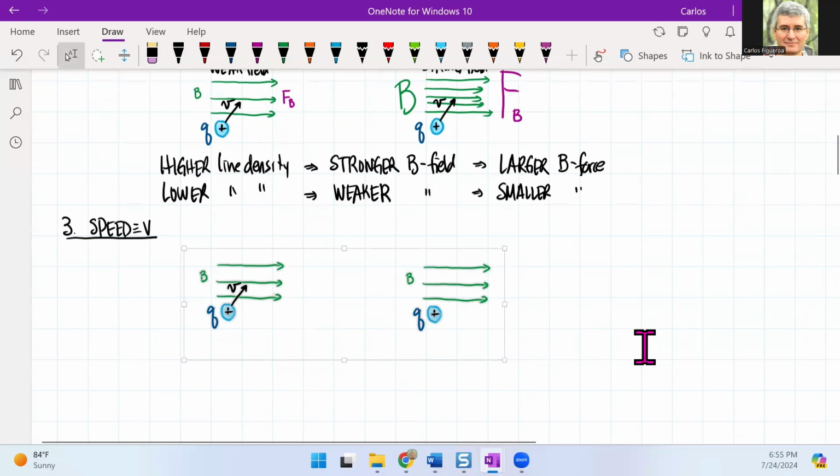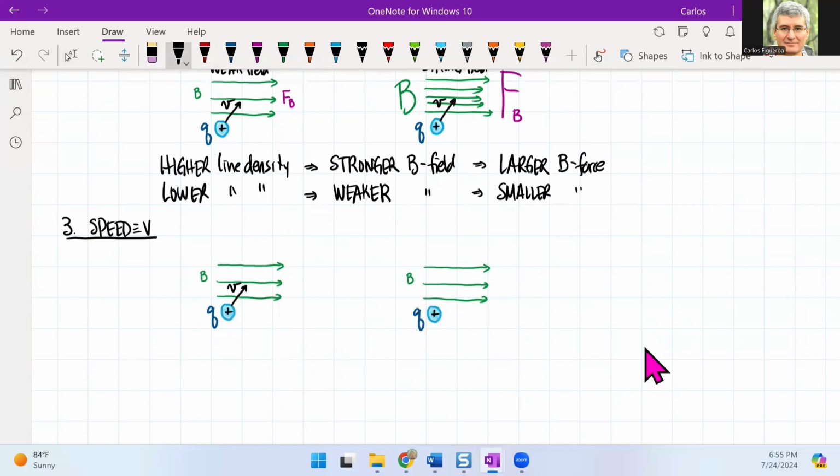Now, what happens if I have a higher speed? Well, since the magnetic field is produced by a moving charge, a faster moving charge should produce a stronger magnetic field. So then we go along the same thing here.